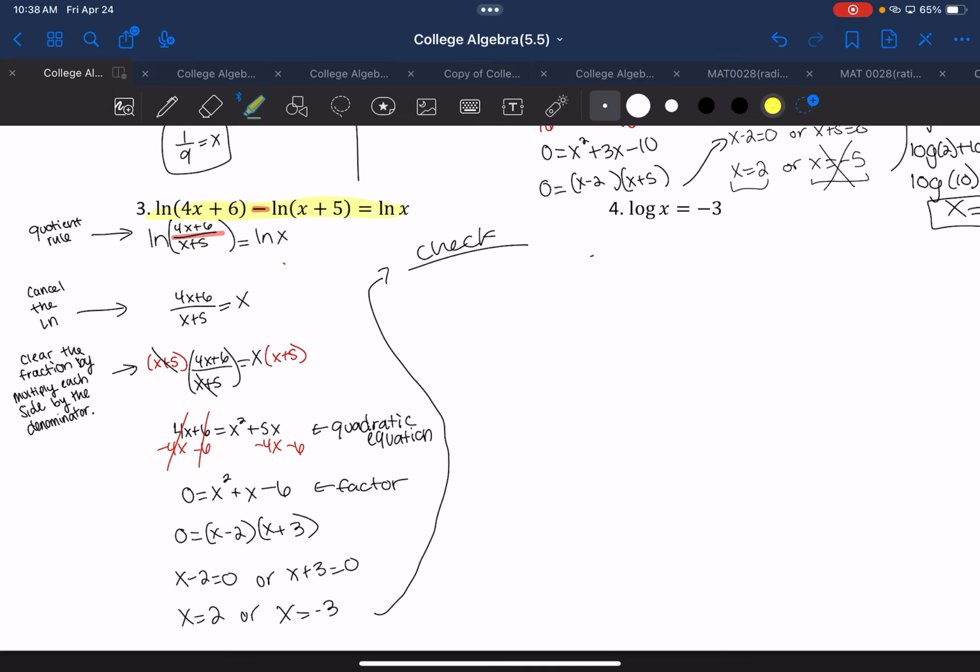It's undefined. So which one will make it definitely negative? -3, because of this ln of x here, for sure. If I plug in -3 for x there, that's ln of -3. That is undefined. Bad. So x cannot equal -3, so this will not be part of your answer. If you put -3 in there, you'll get it wrong, because ln of -3 is undefined.